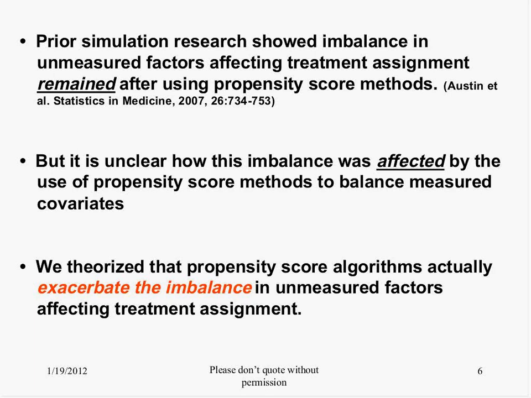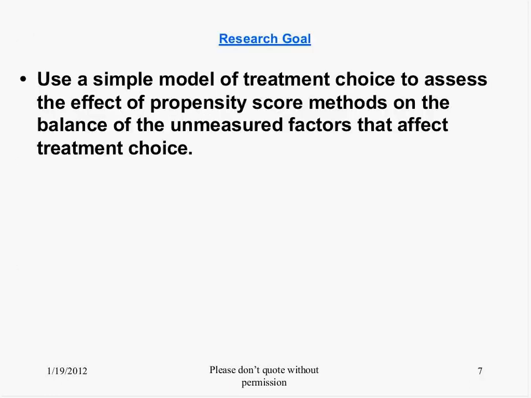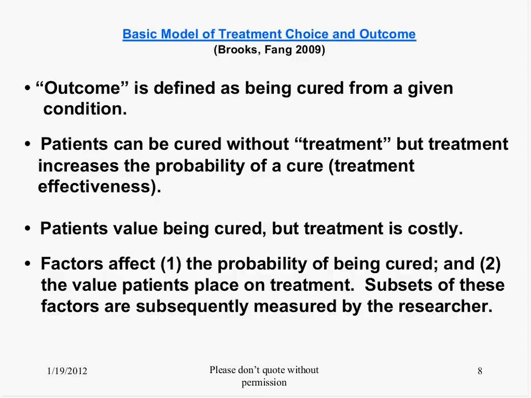So we realized in this research that propensity score algorithms actually exacerbate the imbalance in unmeasured factors that affect treatment assignment. Our research goal was to use a simple model of treatment choice to assess the effect of propensity score methods on the balance of unmeasured factors that affect treatment choice.